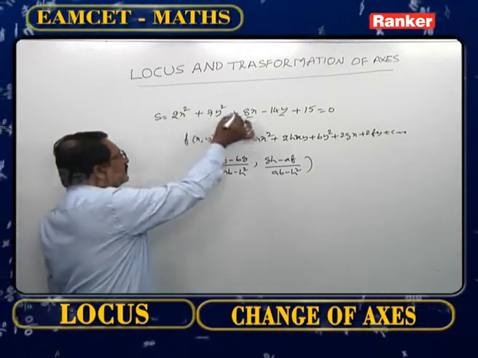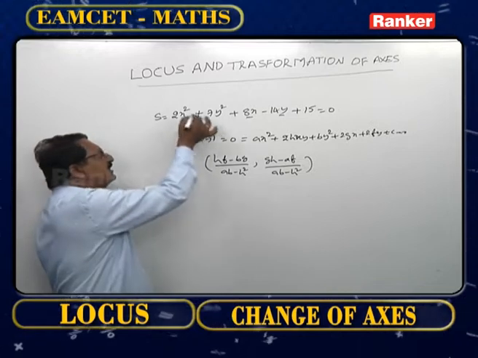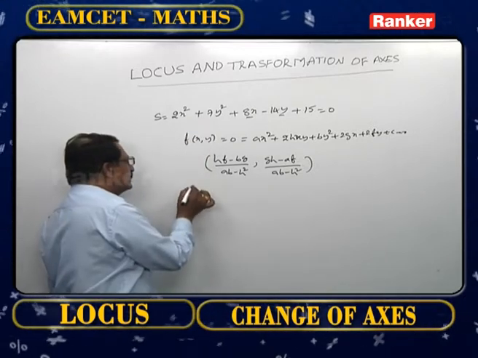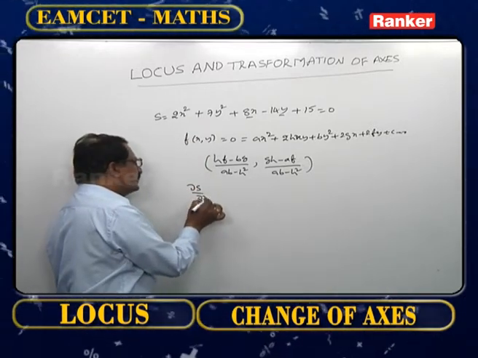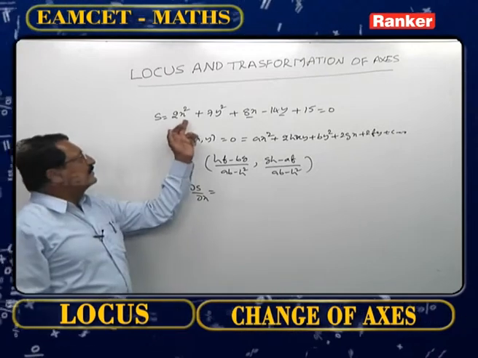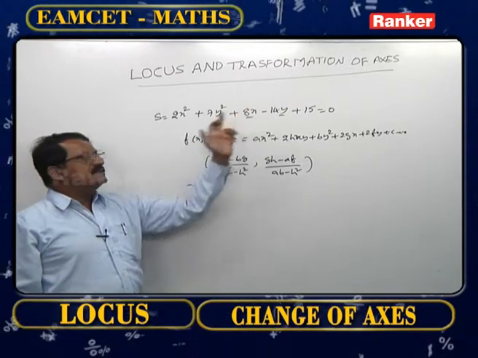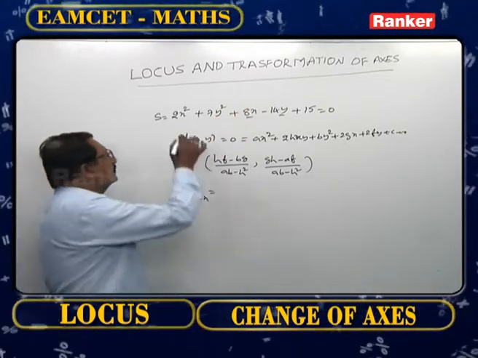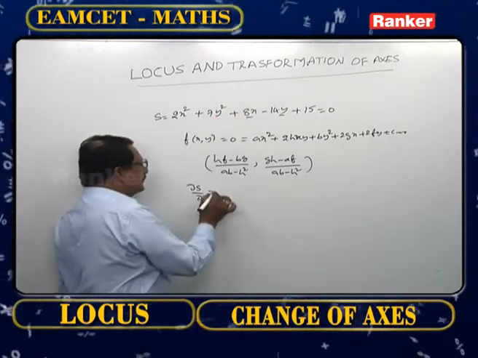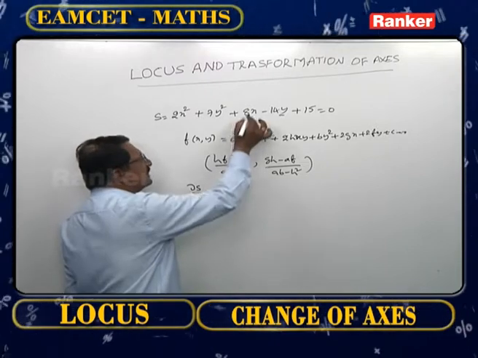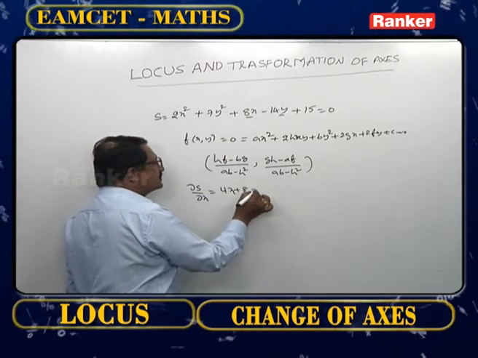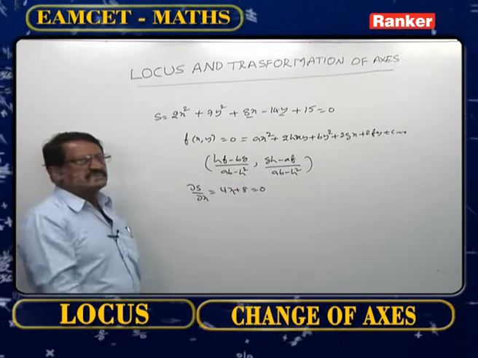Now differentiate the given equation partially with respect to x. With respect to x, y is treated as constant. So ∂S/∂x = 4x + 8 = 0.